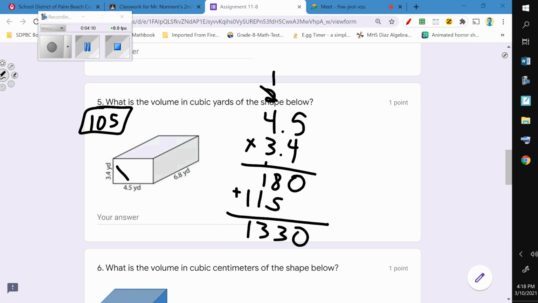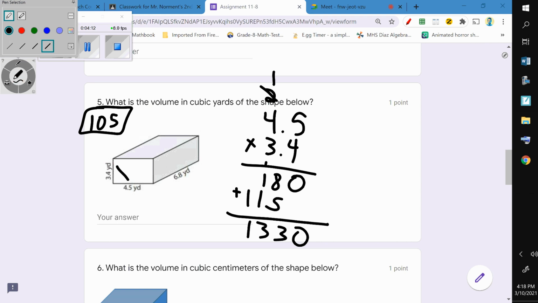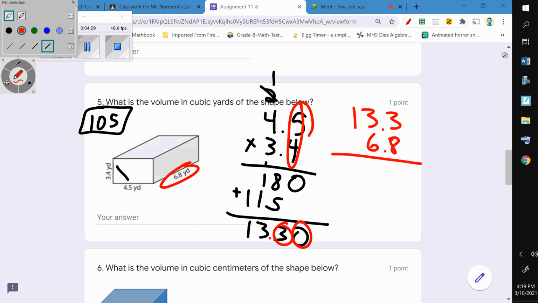And that gives me, and remember, two numbers after the decimal. So I need to go one number, two number, decimal. So this is my new number. And instead of 3, 0, I'm not even going to worry about the 0. It's the same thing. Now I'm going to multiply it times 6.8, okay? So I'll get you started.